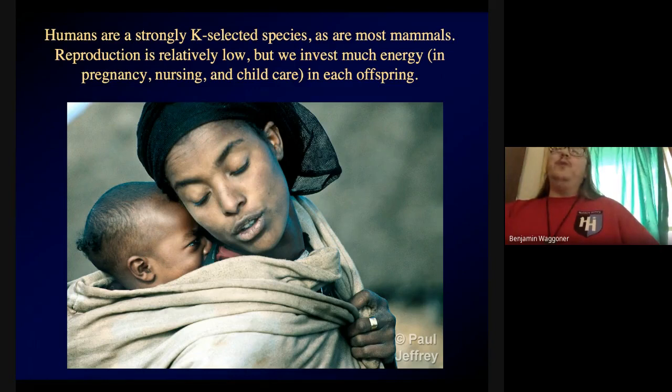We reproduce in ways that work for us. Either one or something in between is going to be the optimum in different environments and different circumstances. And that's what organisms tend to evolve towards, whatever is optimal given the environment that they're in.